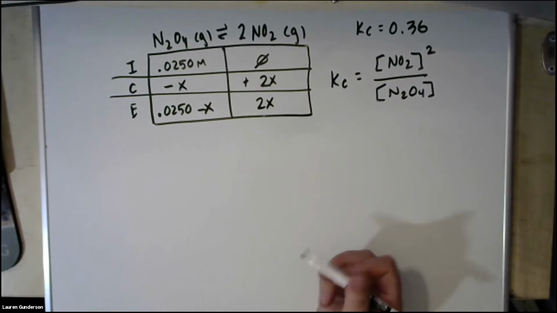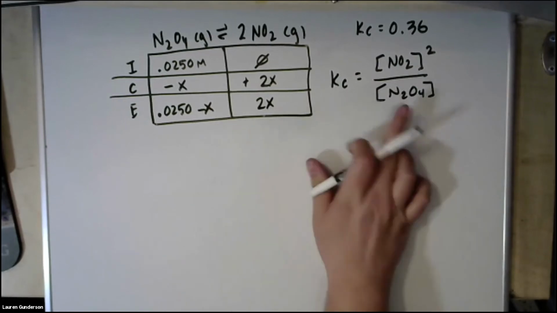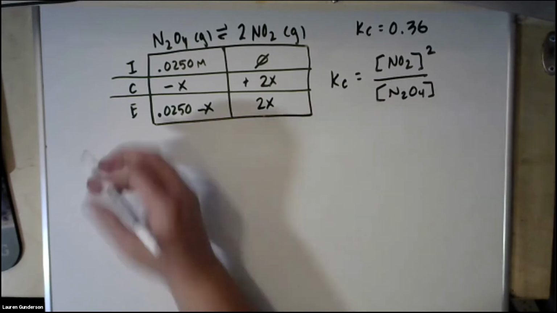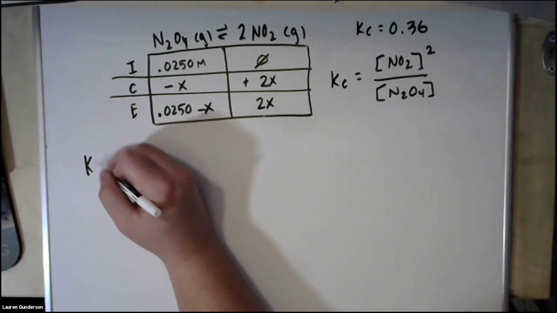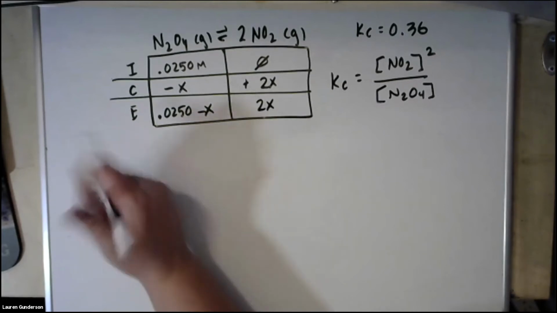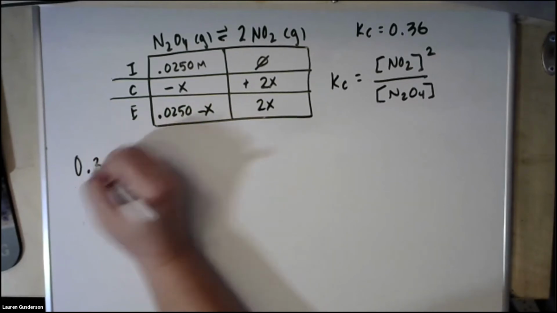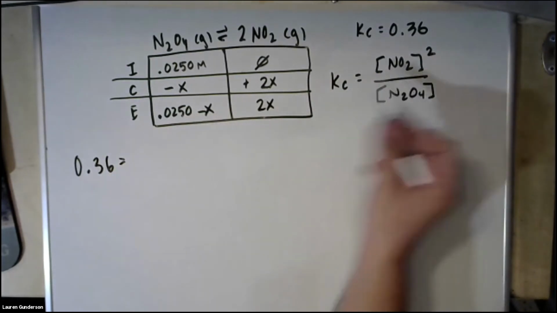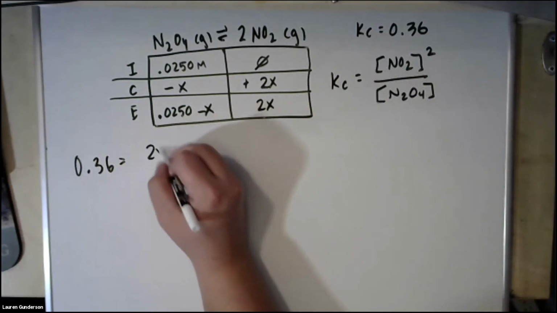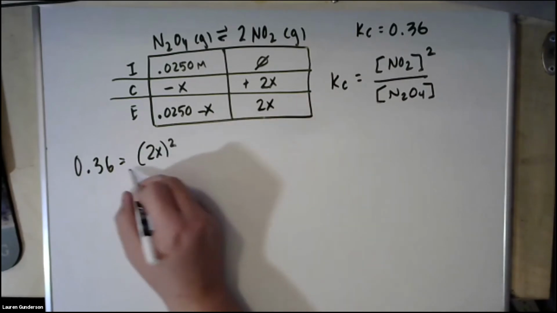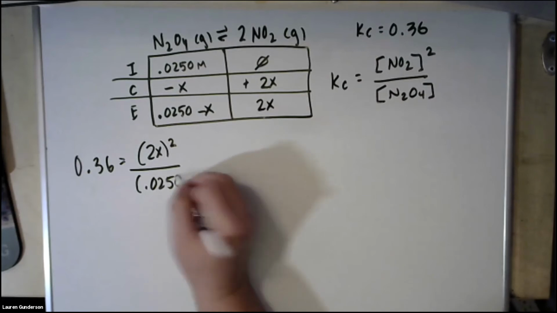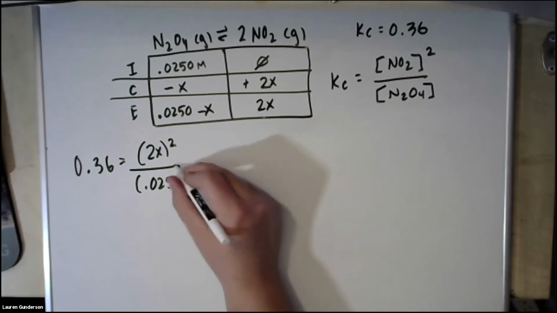Okay, so now we're going to plug this equilibrium row into our Kc expression. I can plug in the 0.36. Our NO2 value is 2x, so that's going to be 2x squared over 0.0250 minus x.